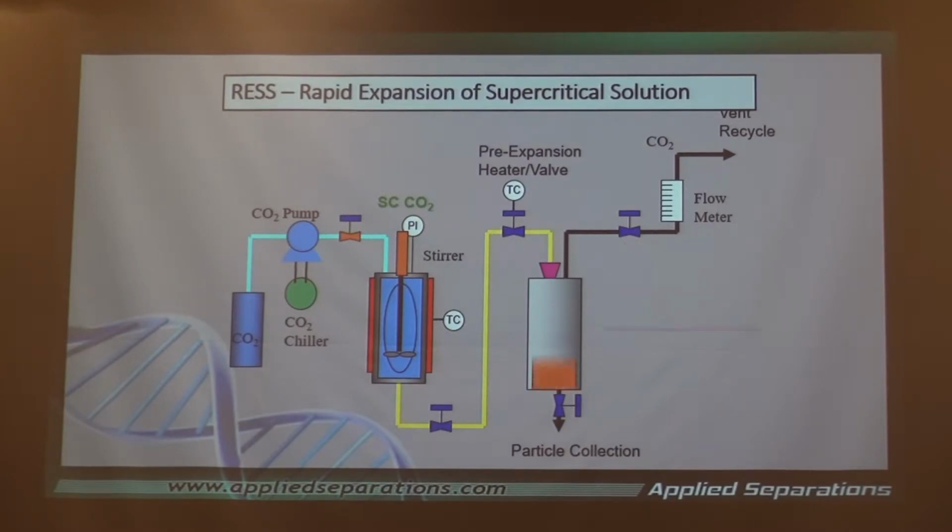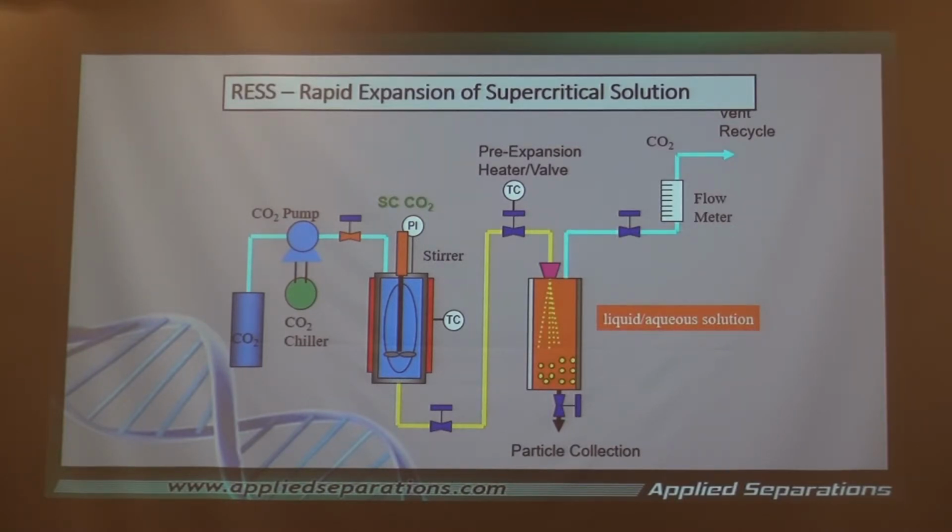You can also, instead of doing it at ambient air conditions, spray this into a liquid as well. An aqueous solution is often what is used. Some of the problems that you have, if you put it in this system here, is that these particles often agglomerate.